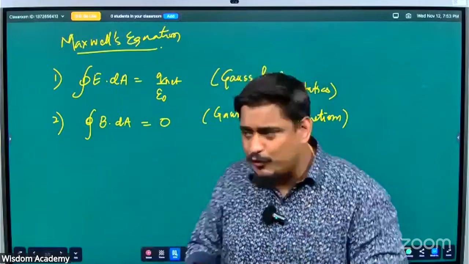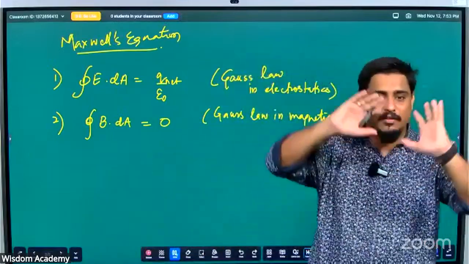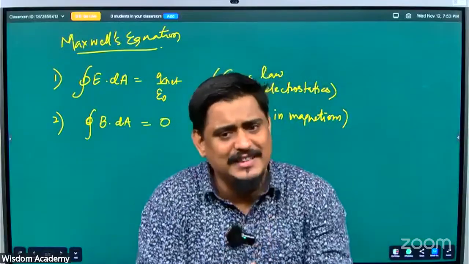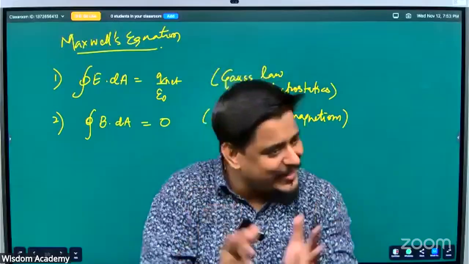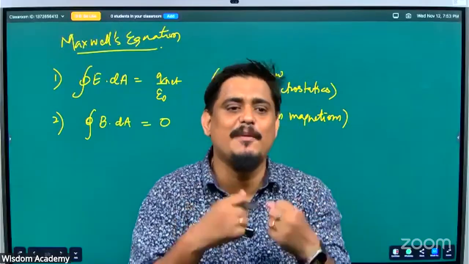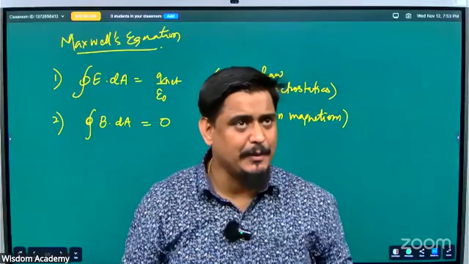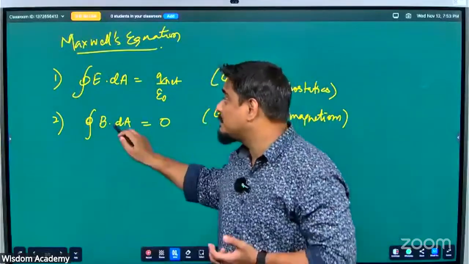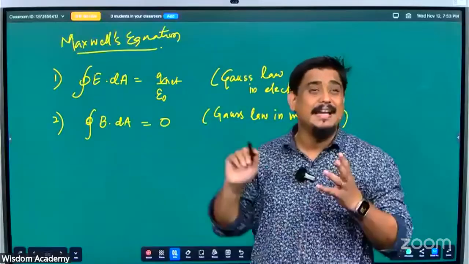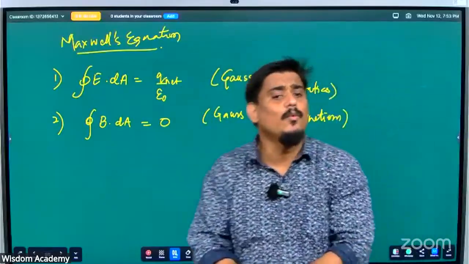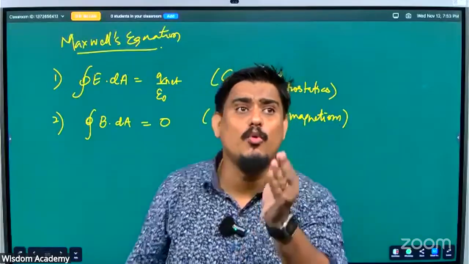So if you draw a surface, Gaussian surface, it will always enclose north, south together. And so the net magnetic field will become 0. Net magnetic flux, actually. Are you getting my point? So what this thing says, B dot dA will be magnetic flux. Net magnetic flux in an enclosed surface is always 0. Why? Because magnetic monopoles does not exist.